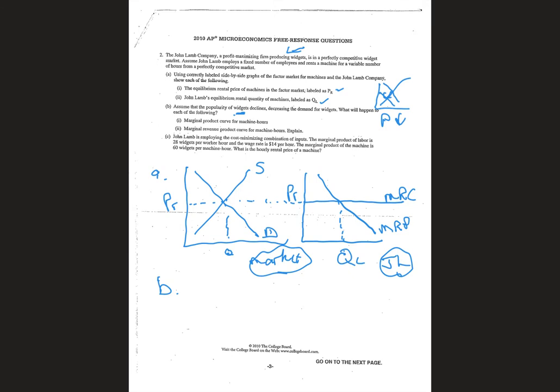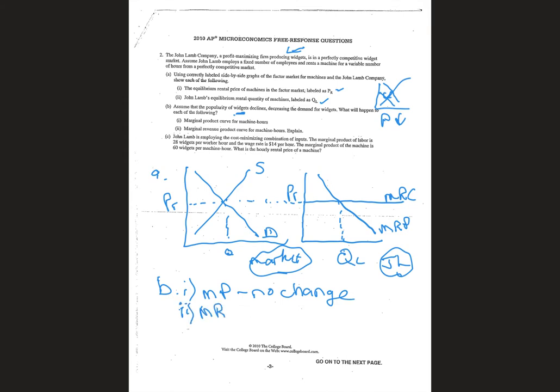So for part B, part I, what will happen to the marginal product curve? This is going to be no change because it's the price of the widget that's changing. There's no change at all to the productivity that this machine is offering. If it was a worker, if it's a factor, there's no change in productivity unless I'm given that information. Rather, it's a price change in the product market.